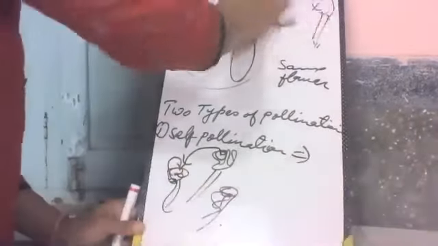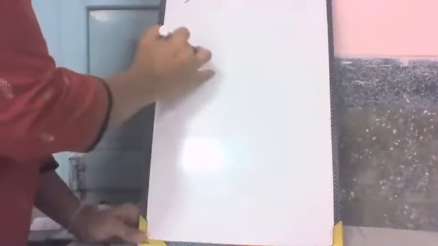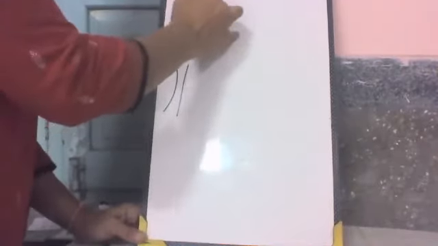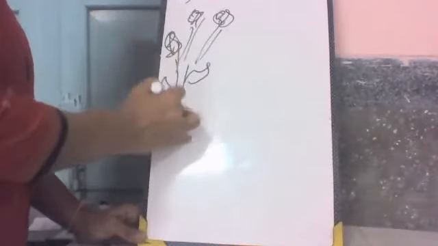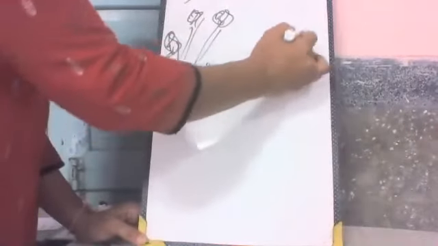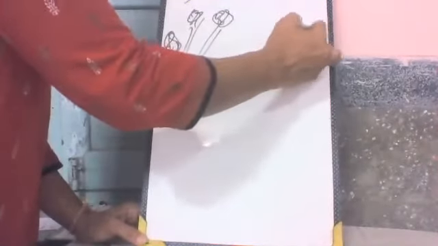And the other type of pollination is cross-pollination. Here is one plant bearing many flowers, and there is another plant bearing many flowers.